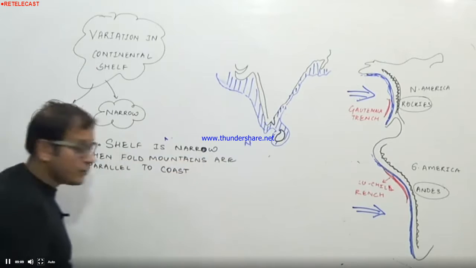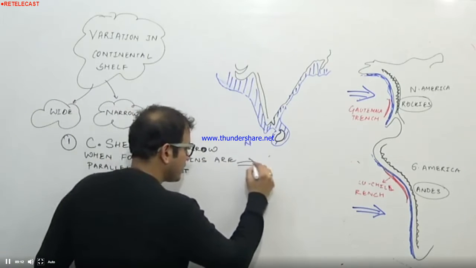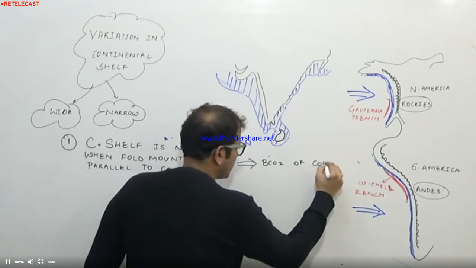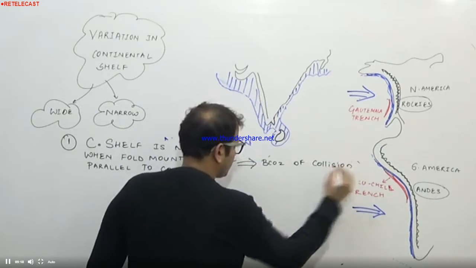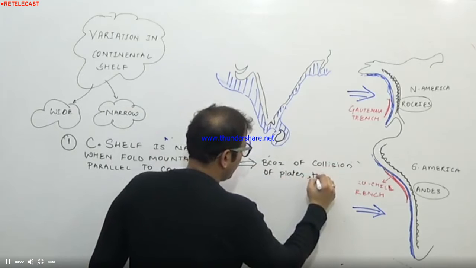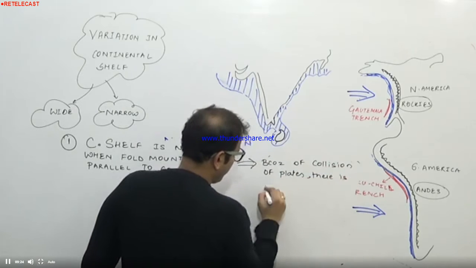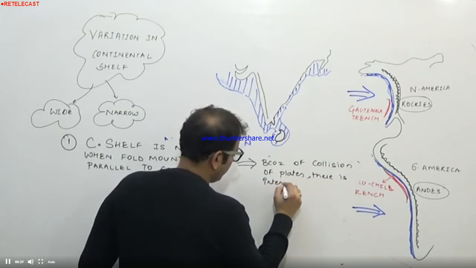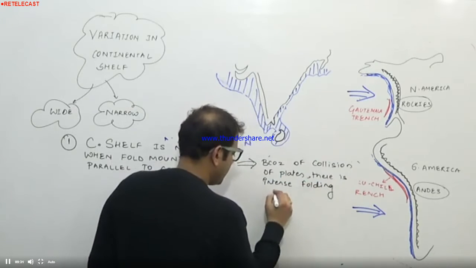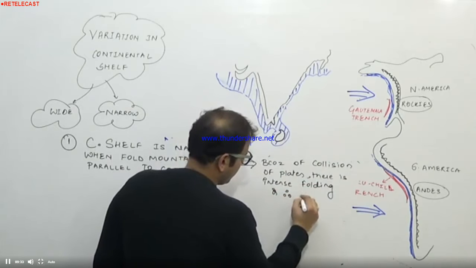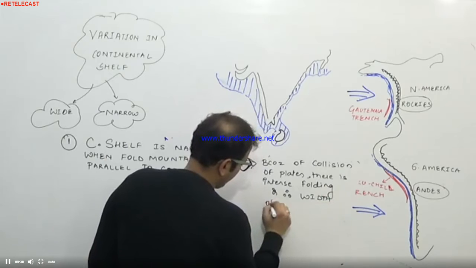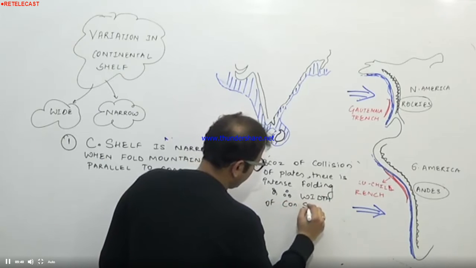Why they are narrower? Because of collision of the plates. Collision of plates. There is intense folding. And therefore width of continental shelf decreases.